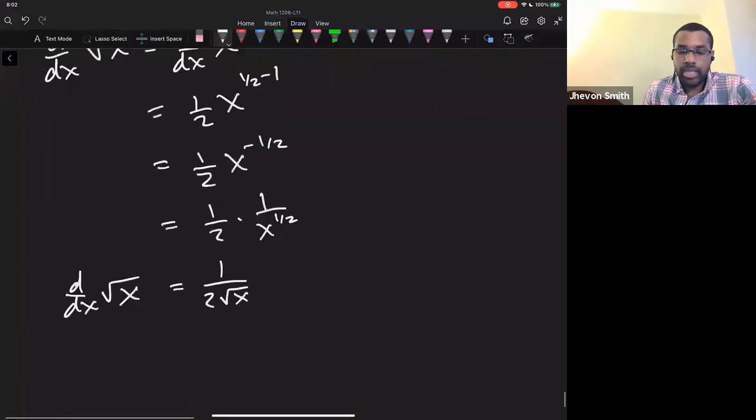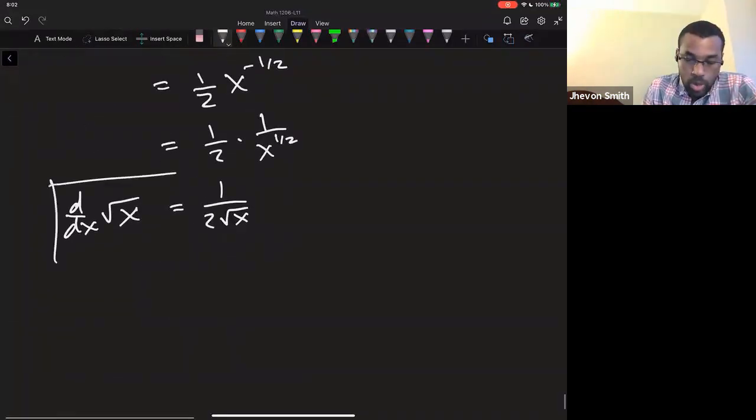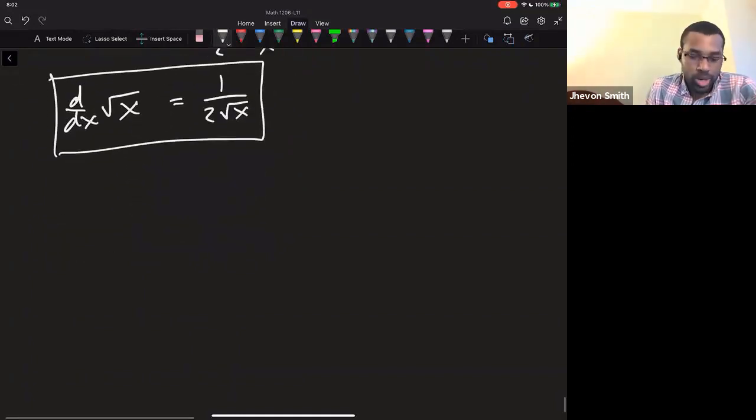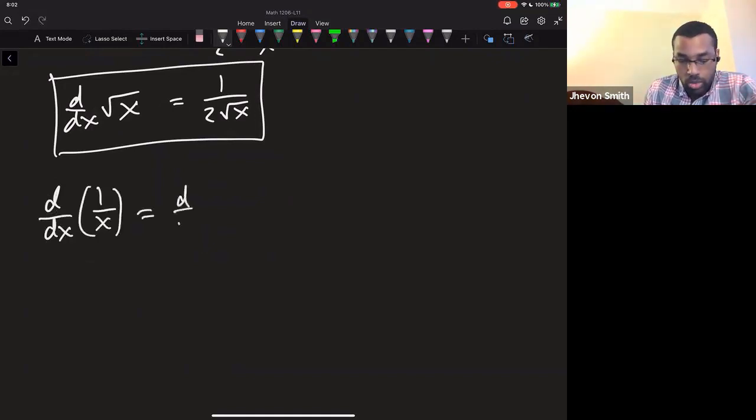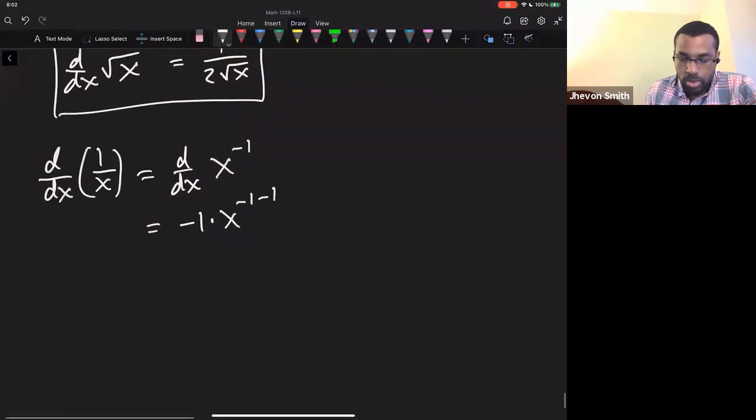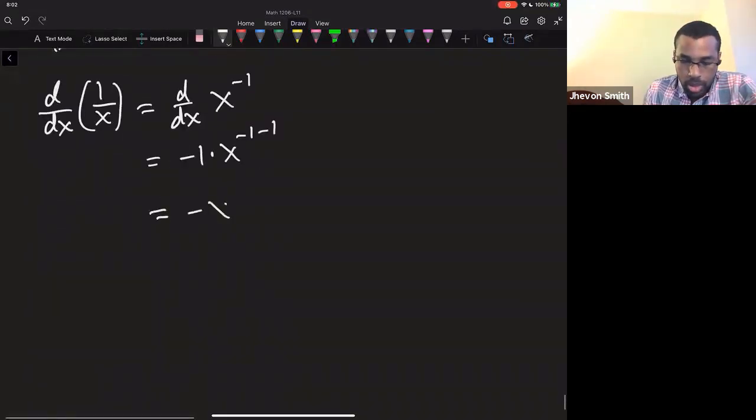Notice that a lot of these guys that we derived before, we can get much quicker. The derivative d/dx of 1/x, remember we did that. We could rewrite this as a power, bring the power down, subtract 1 from the power, minus x to the minus 2.